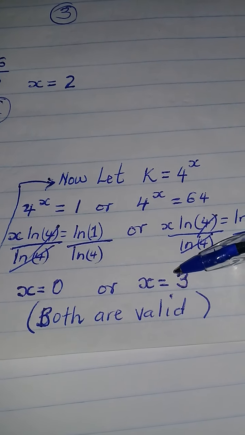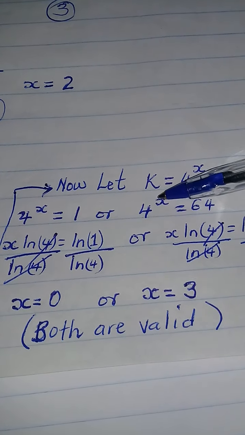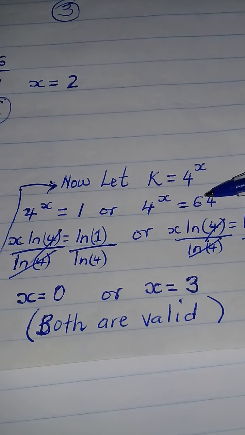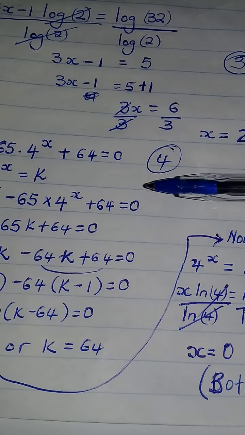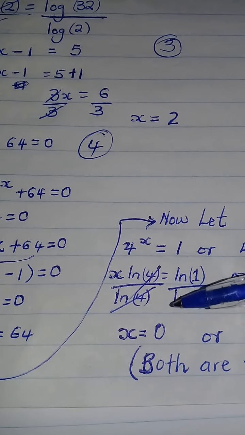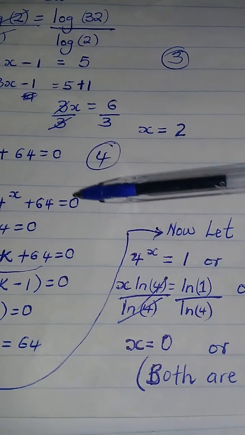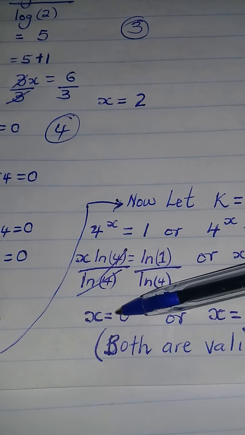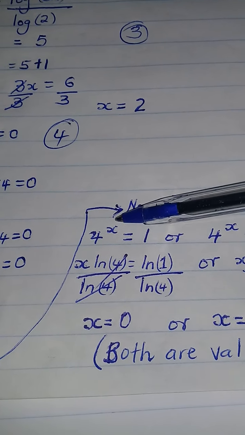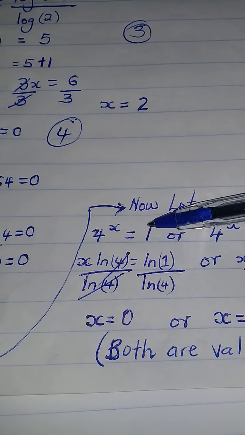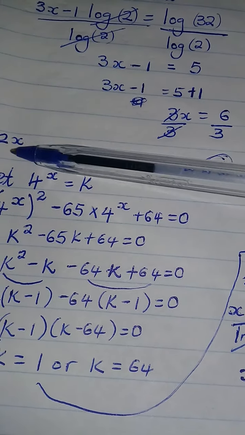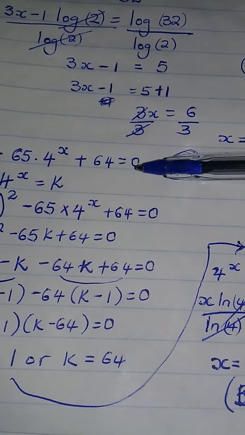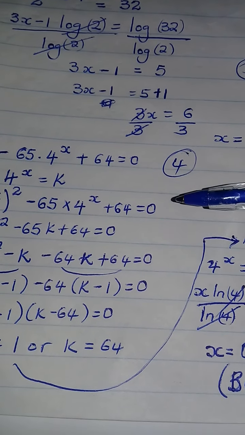Take this value of x and replace it here to see if you are getting 64. Or try this value and replace it there in the original equation and see if you are getting 0. Also try this value, replace it there and see if you are getting a positive 1. Or try this value into the original equation and see if it is giving you 0.